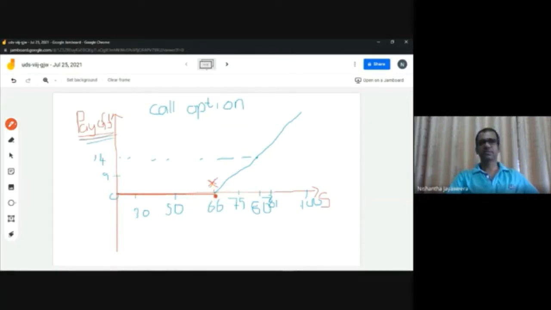The moment the spot price moves above the strike price, our payoff becomes positive and increases in a linear manner, equal to the same amount of the price increase. If the price increases by $1, payoff increases by $1. So this is a straight line.